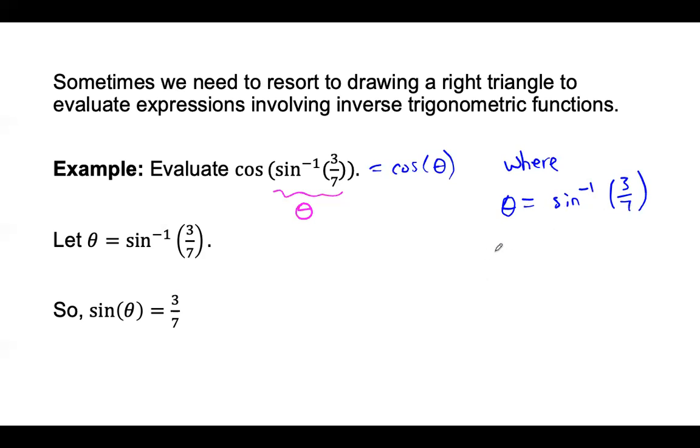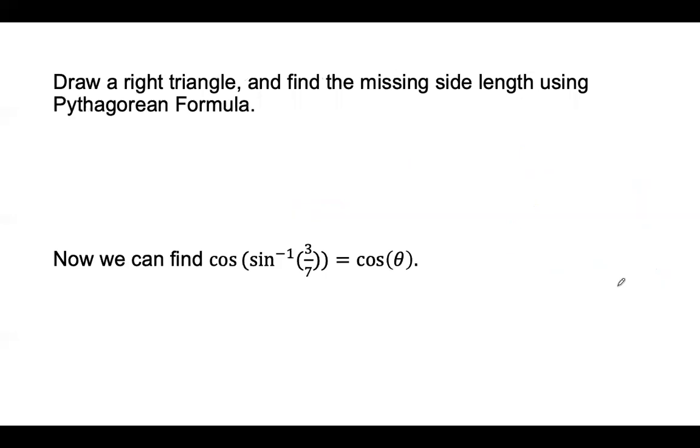So if we have this, this means that if we take sine of both sides, sine of theta is equal to 3/7. Okay. So we're going to use this to help us solve.